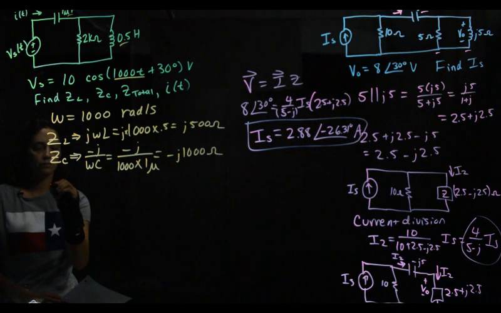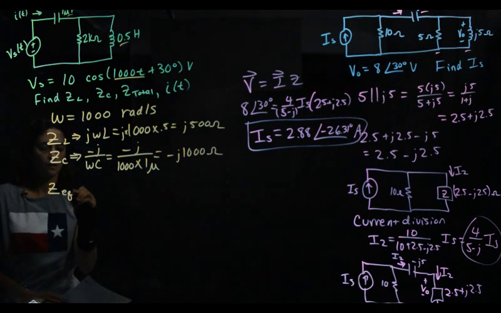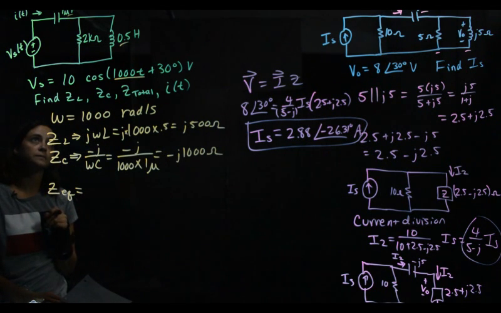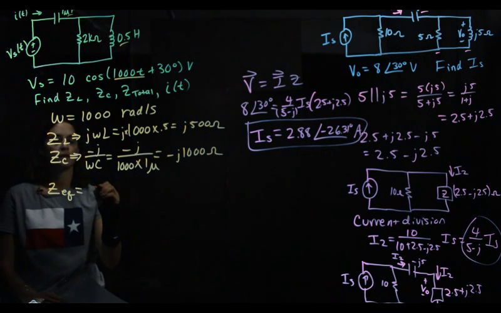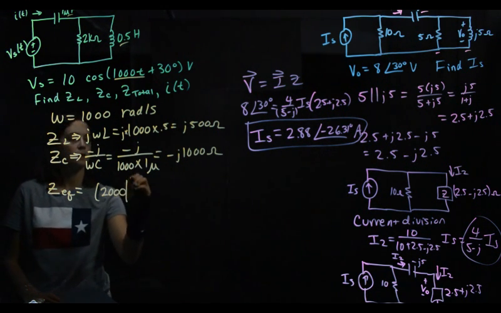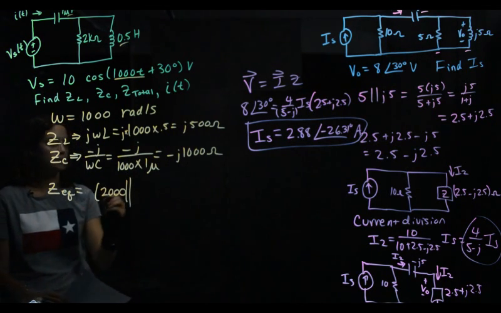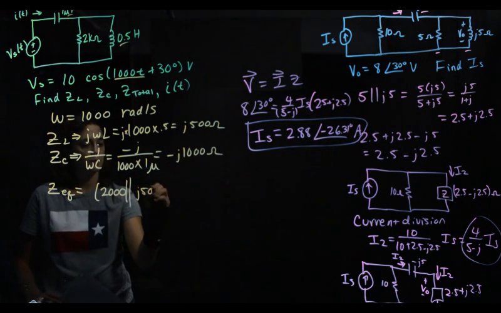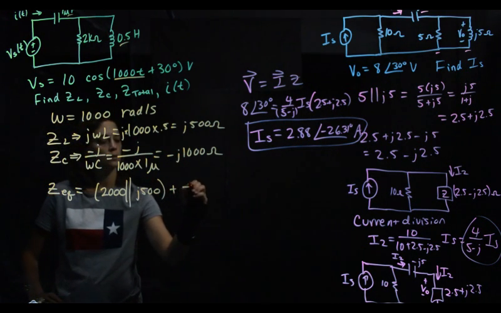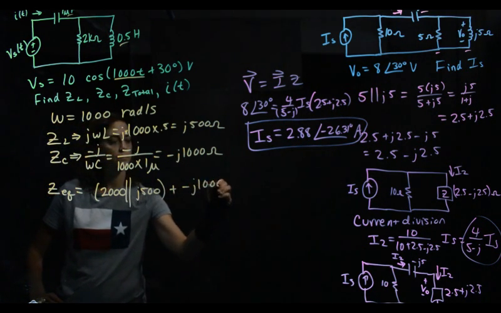So what's my equivalence? These two are in parallel, in series with that one. So I have my resistor, 2,000, in parallel with the inductor, J500, and that whole thing is in series with my capacitor.